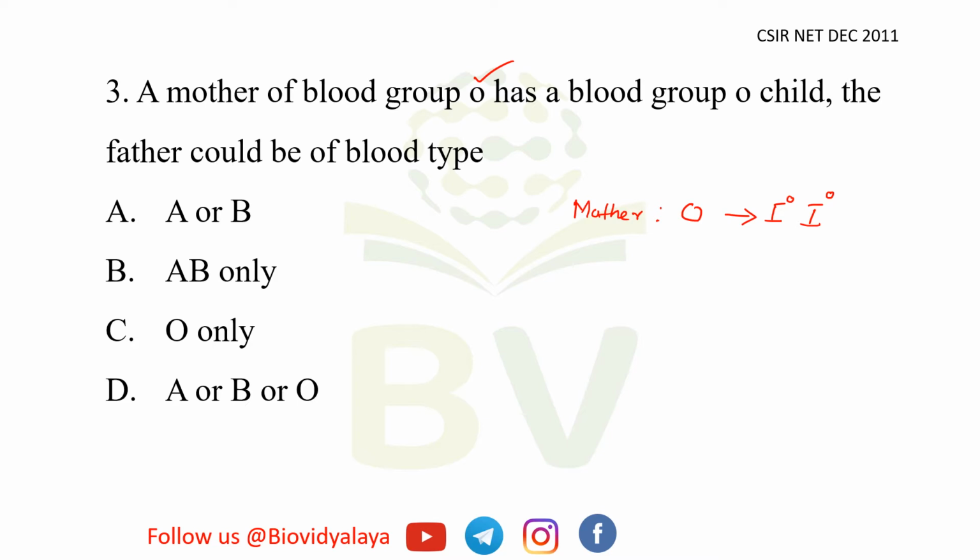Next, what is the blood group of this child? O. What is the genotype? IO IO. So here we have to find the blood group of the father.